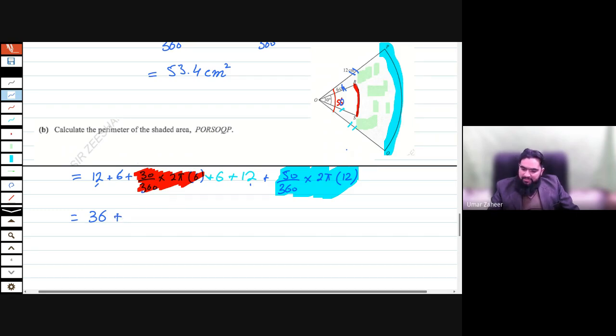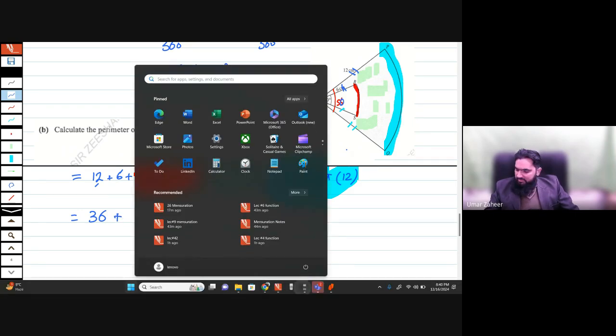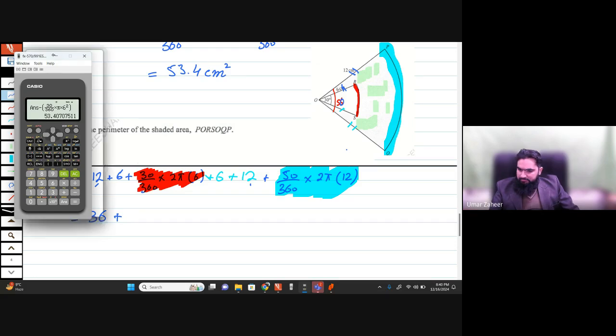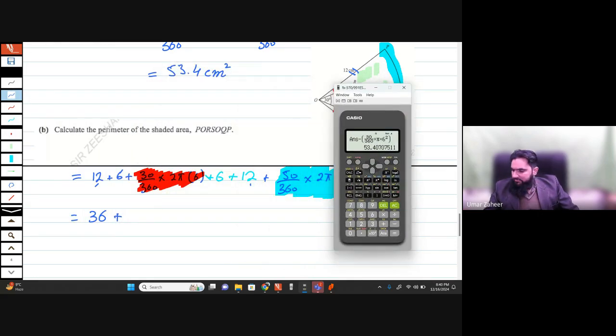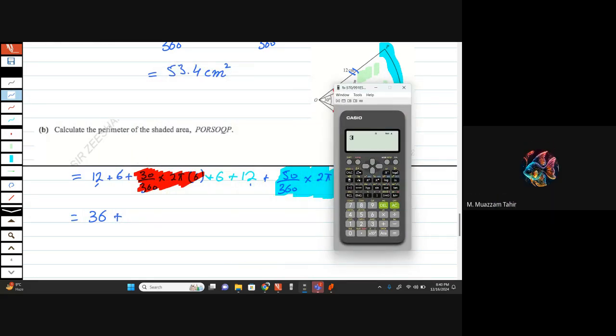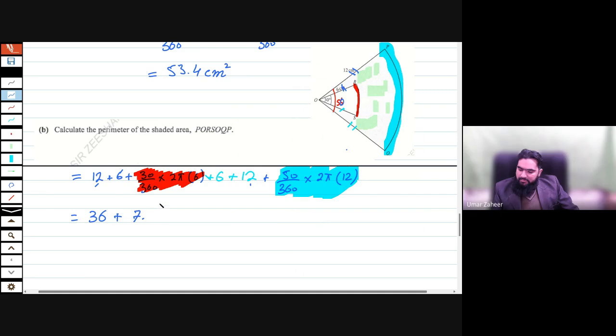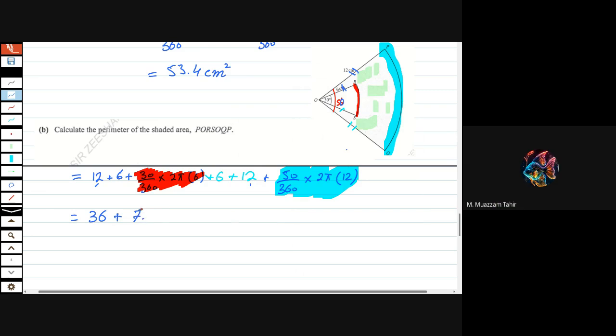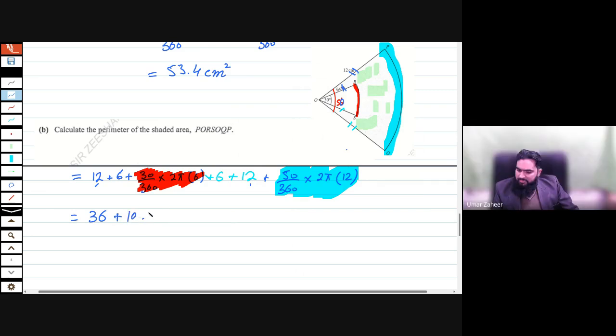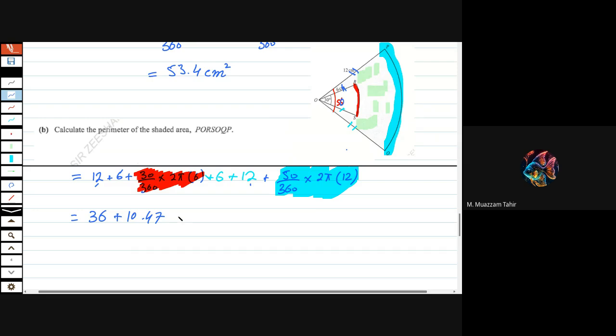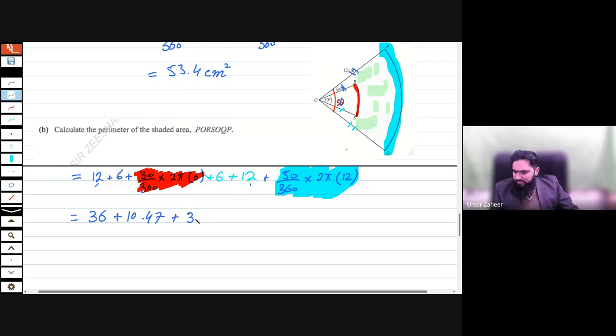Now please find the value of the arc lengths. The first one is 10.47 and the other is 3.14.